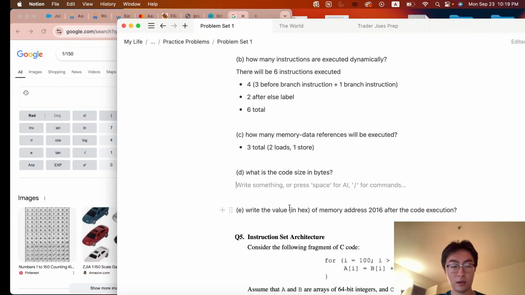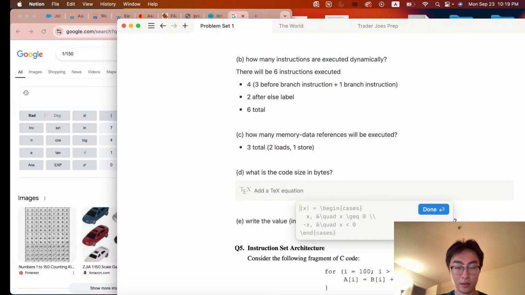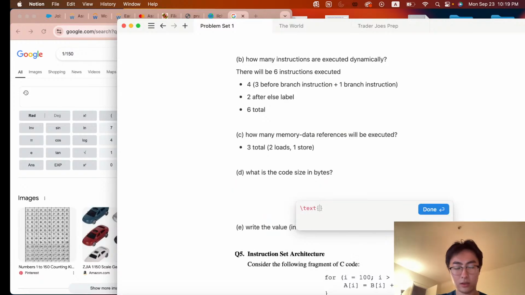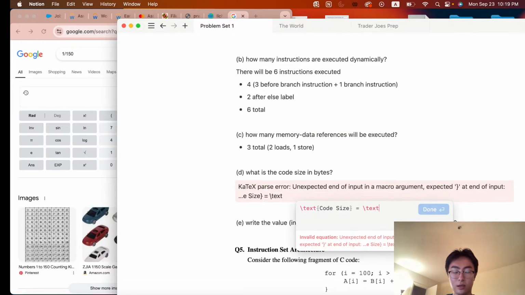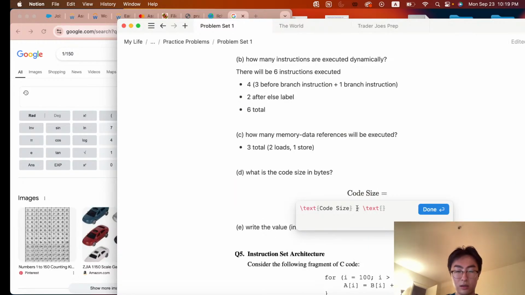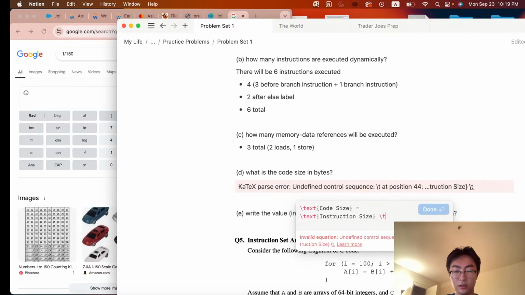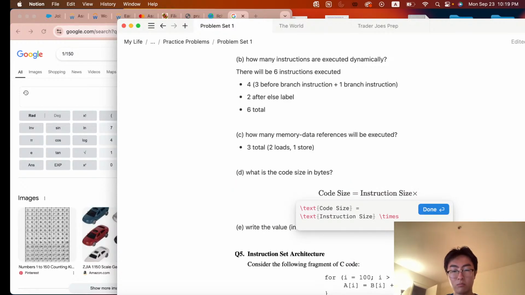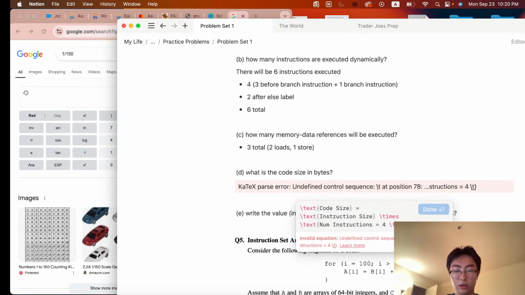I think what we could do here is just, so code size is equal to instruction size times num instructions, which is equal to 4 times, I think we said it was 9.